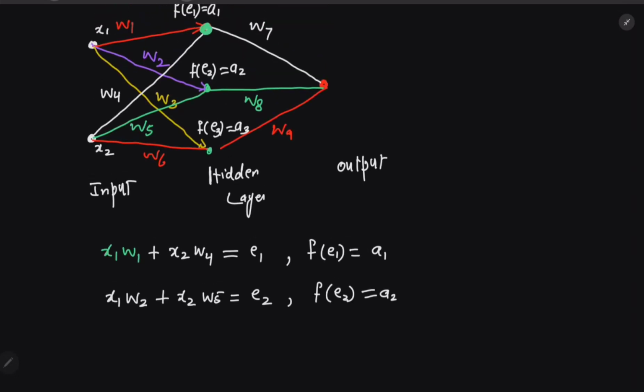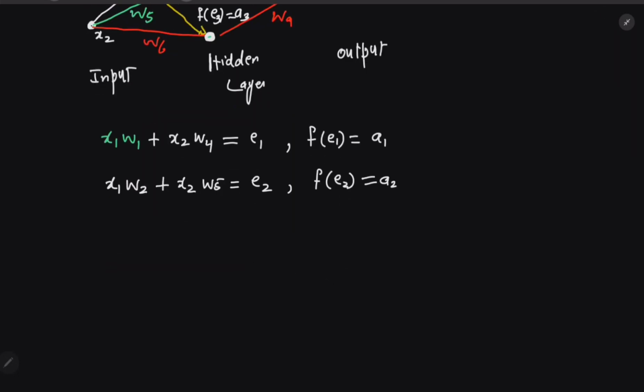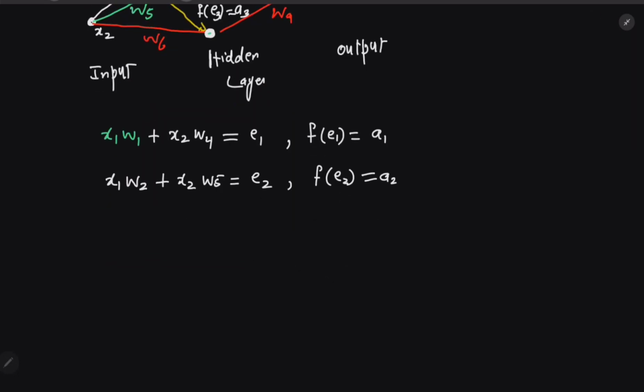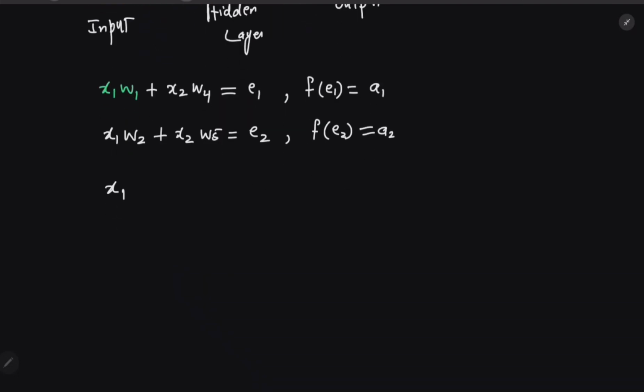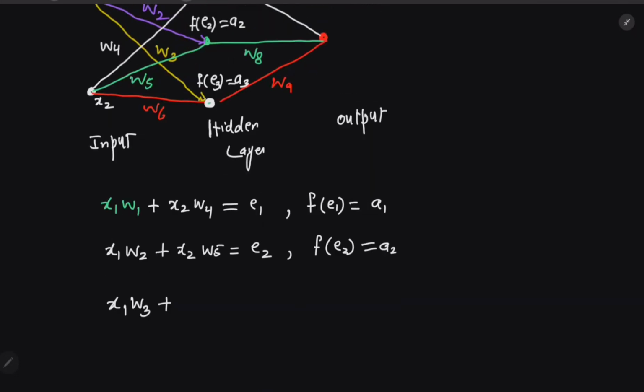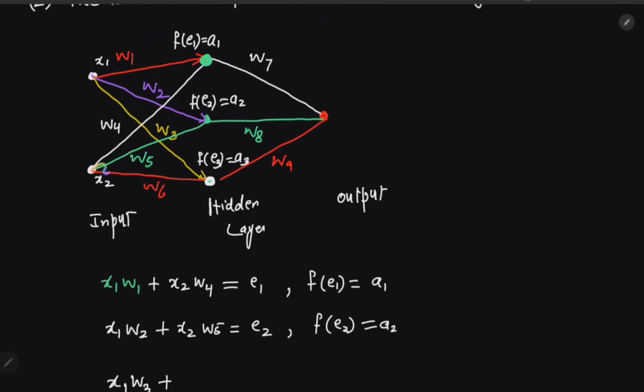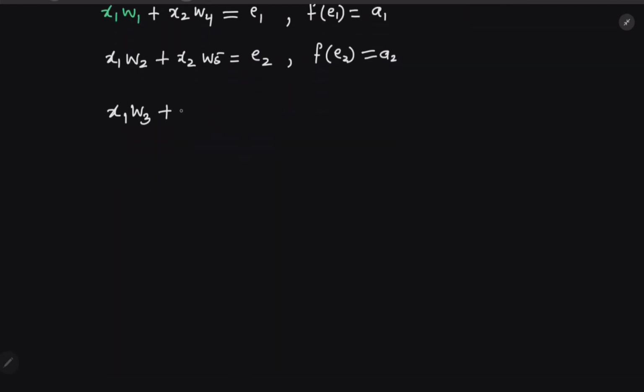And for this neuron, we get, for example, E3. From x1 we have weight W3, x1 W3, plus x2 W6, and the sum will be equal to some number E3.